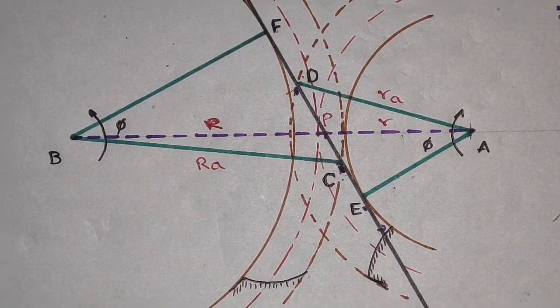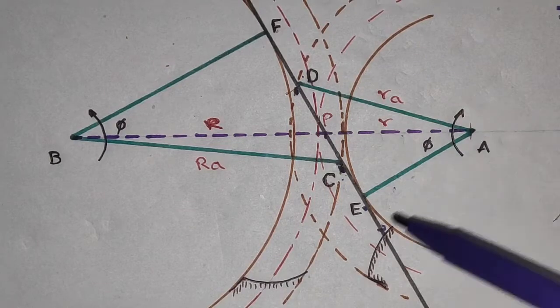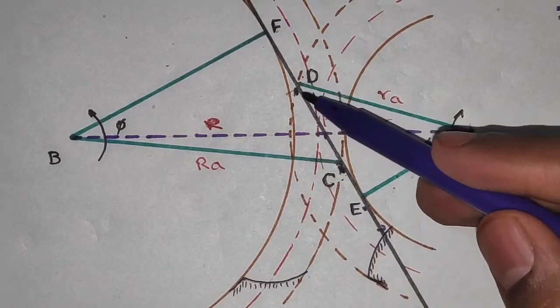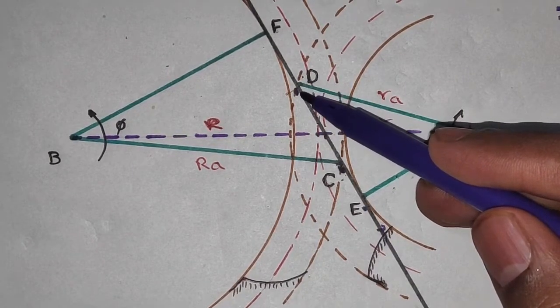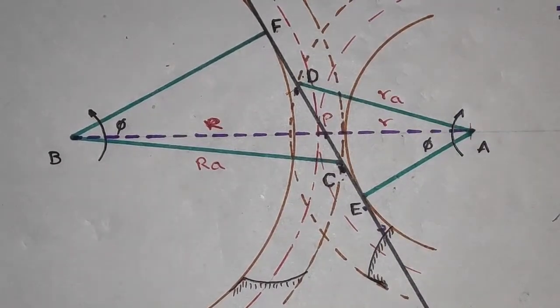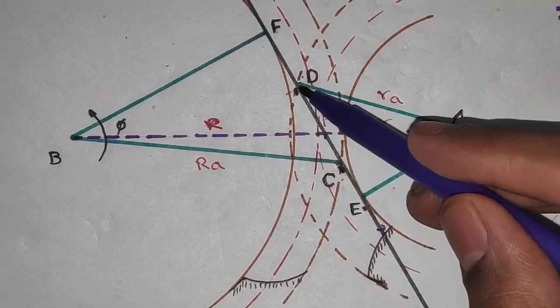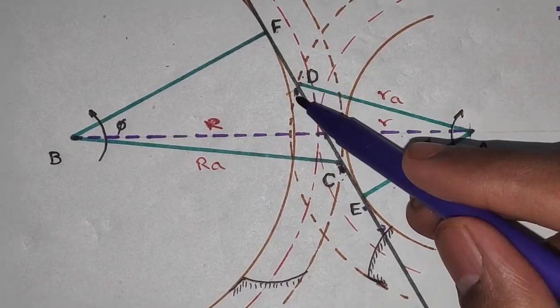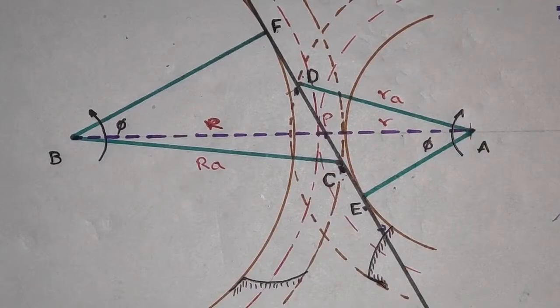The contact of two teeth is broken where the addendum circle of pinion A meets the line of action at point D. This is the outermost circle, or addendum circle, of pinion A, and here the contact is broken. So we have the path of contact CD.